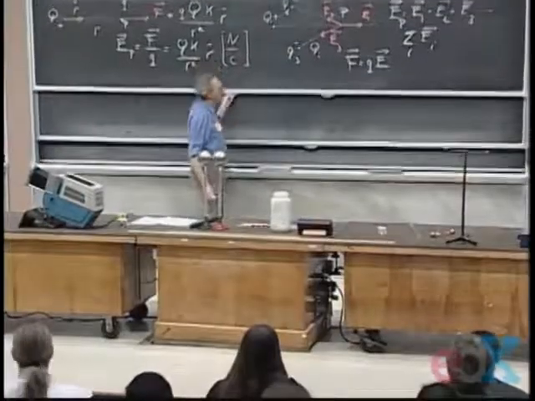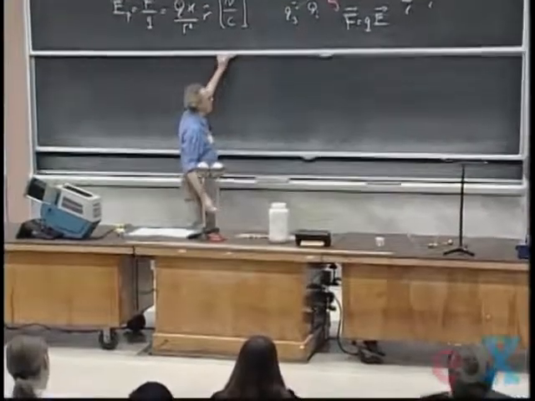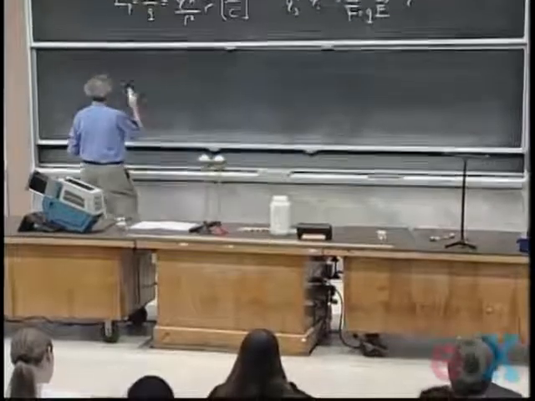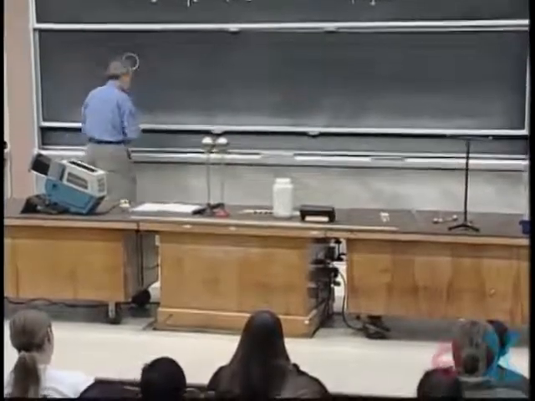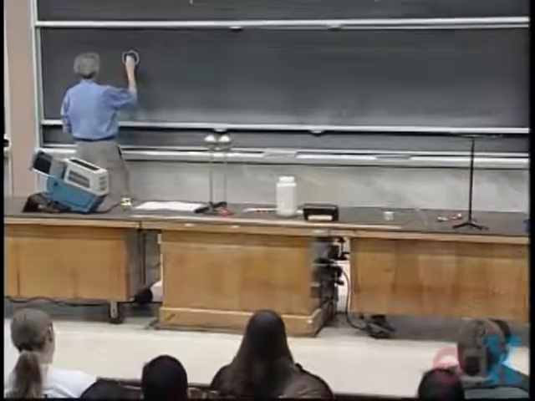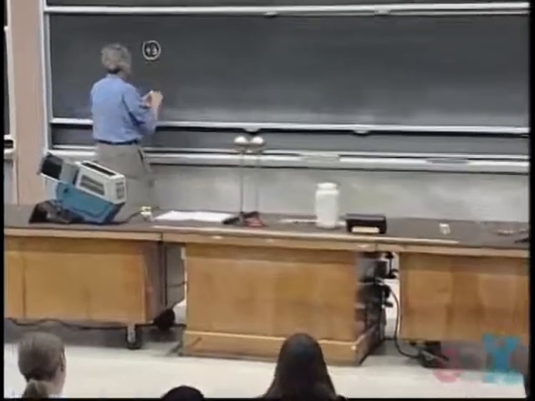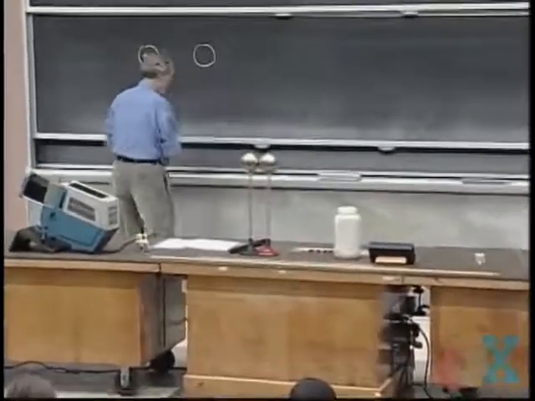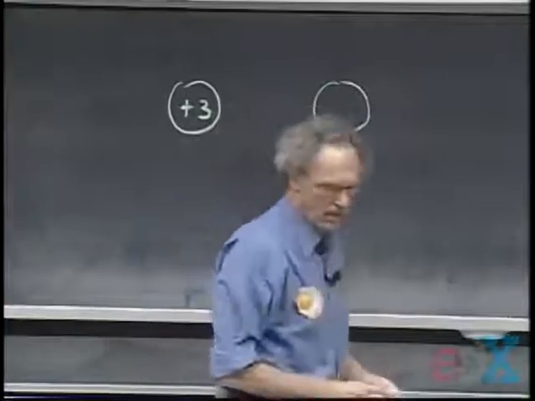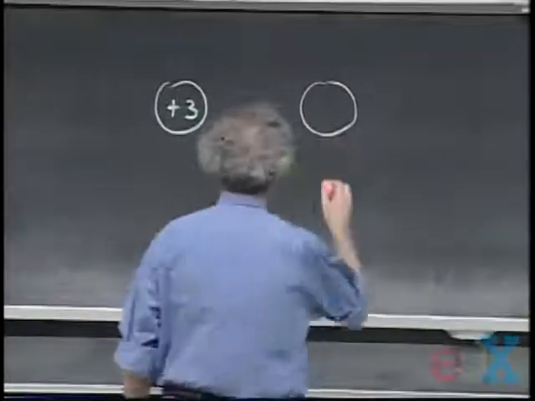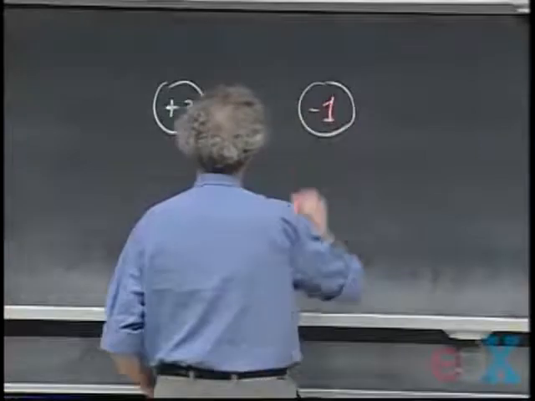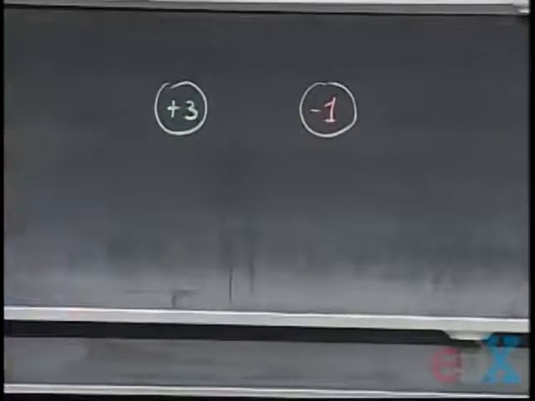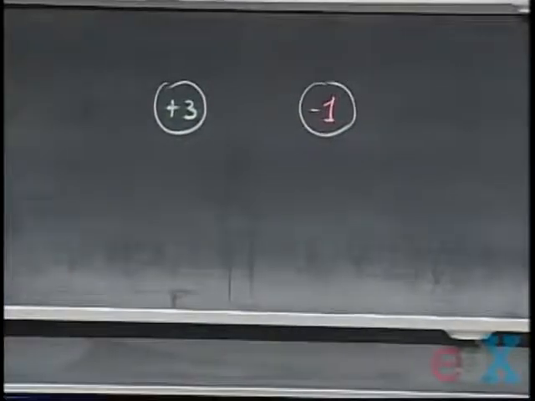If we try to be a little bit more quantitative, suppose I had here a charge plus 3, and here I had a charge minus 1. I want to know what the field configuration is as a result of these two charges.